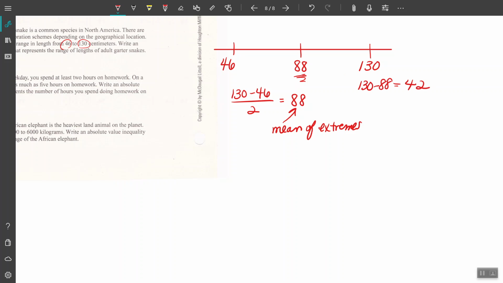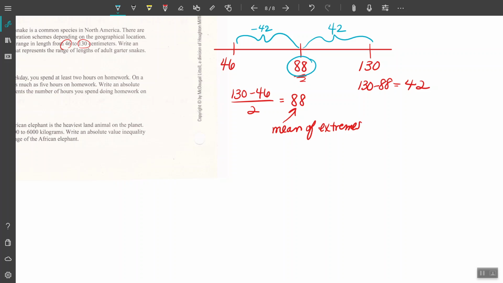So if I show you visually here on the number line, from 88, the length of a snake can be to the right of it 42 to take it to 130, or it can be to the left of 88 down 42 to 46.